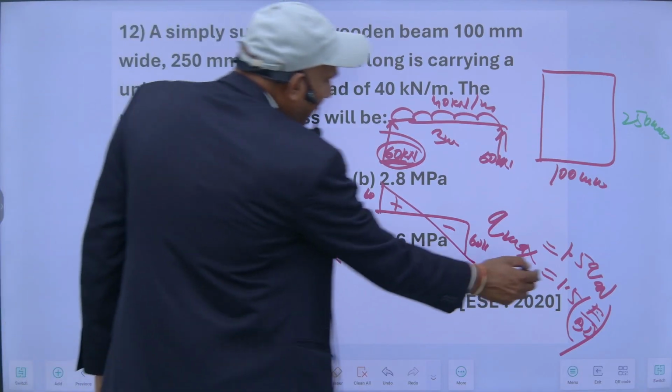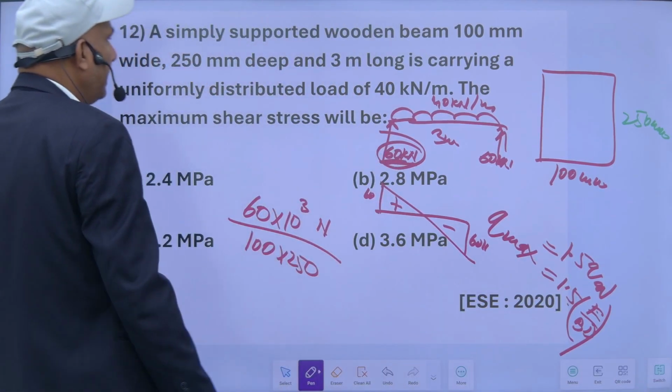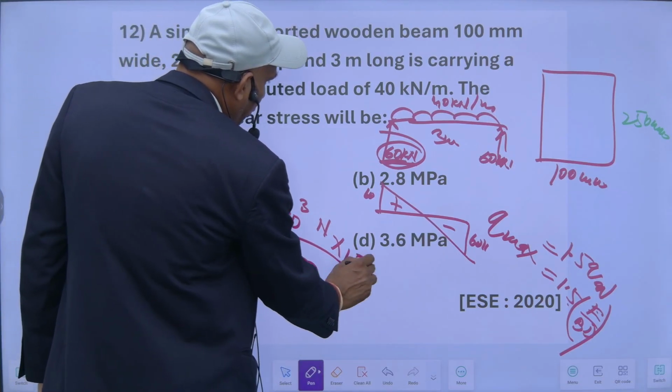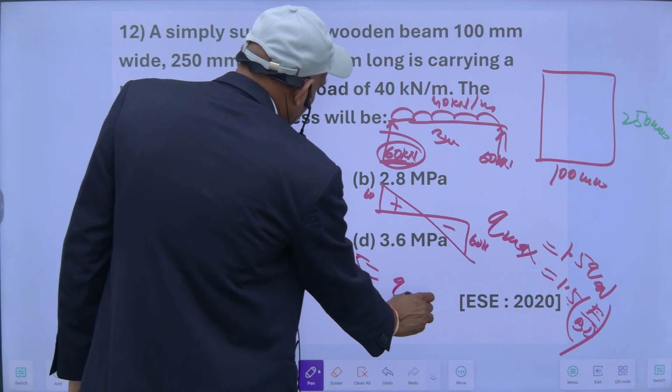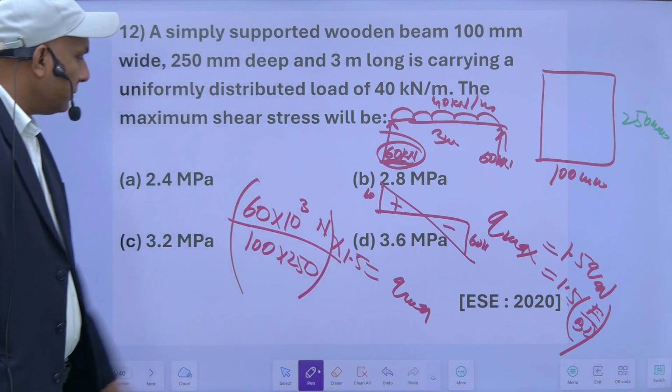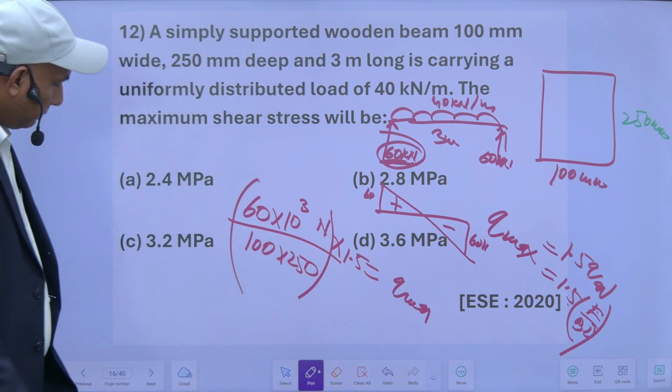This Q average, when I multiplied by 1.5, it will give Q max. So this is Q average and multiplied by 1.5.